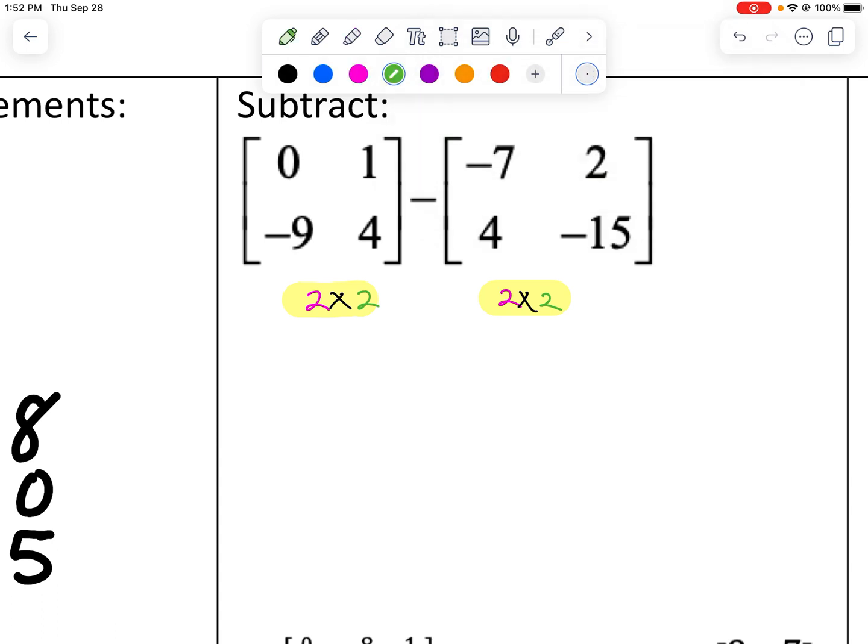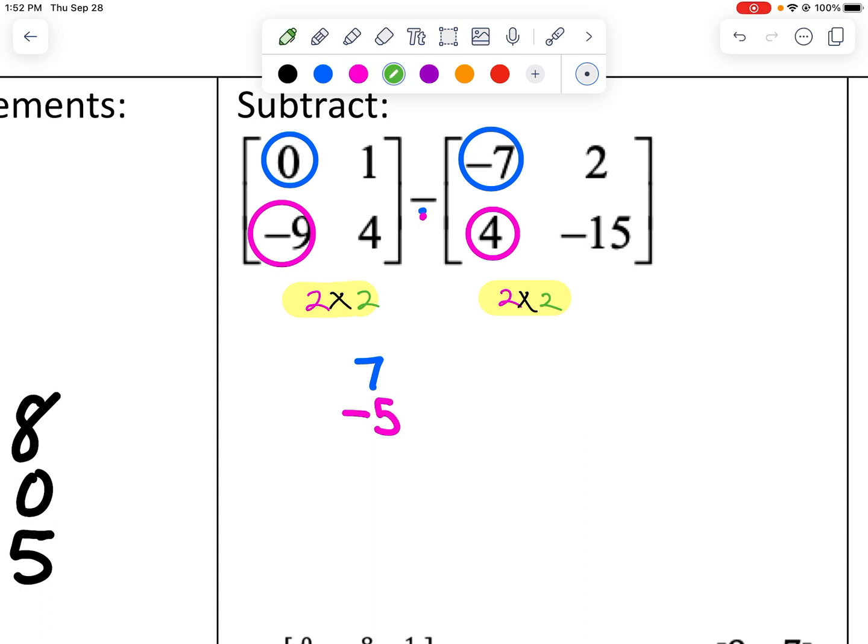So you are going to take 0 minus negative 7, and 0 minus negative 7 is 7. Then you're going to take negative 9 minus 4, and negative 9 minus 4 is negative 5.